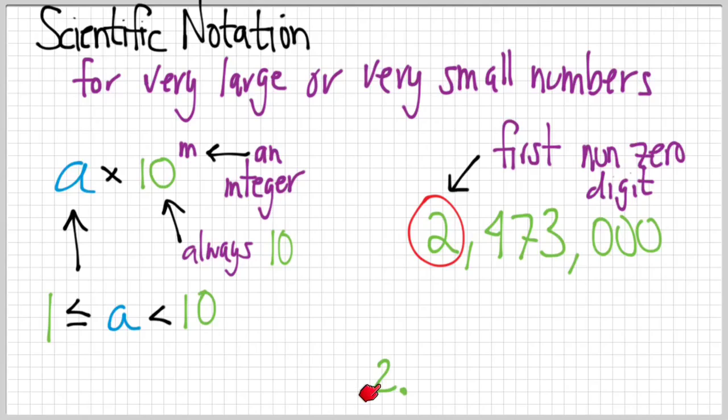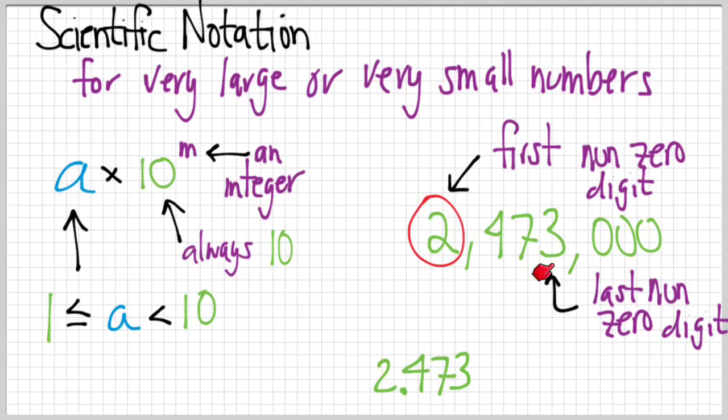I'm going to write my scientific notation right here. I put the first non-zero digit and I follow it immediately with a decimal point. Then I write all the rest of the digits that follow it until the last non-zero digit. This is the last digit here that is not a 0. The rest of these are all zeros.